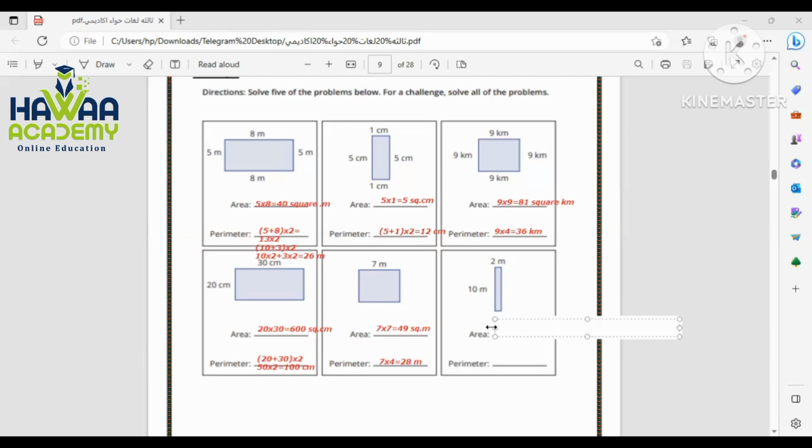Okay, the last one, the area here, 10 times 2 equals 20 square meters, and the perimeter will be 2 plus 10 times 2. 2 plus 10 equals 12 times 2. 2 times 2 equals 4 plus 10 times 2 equals 20. 24 meters.